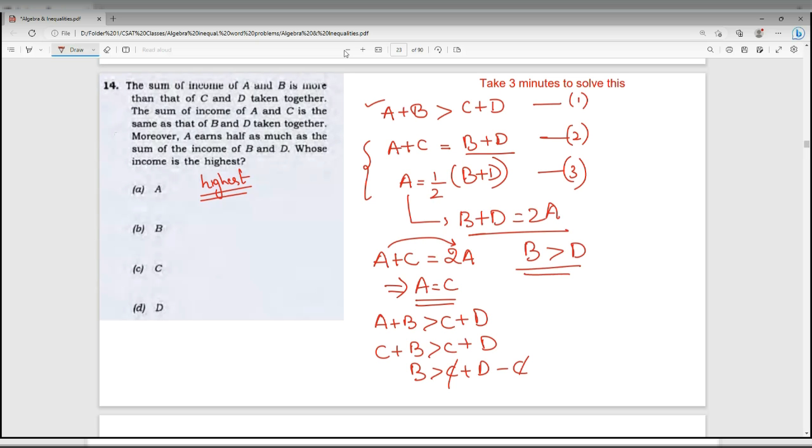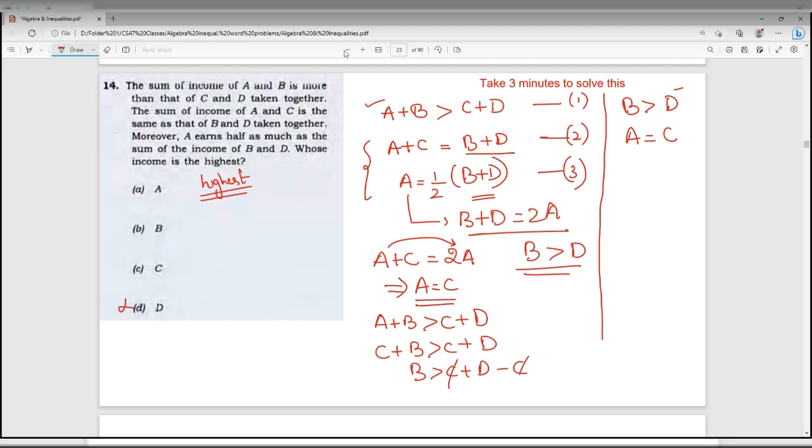So we know two things now: B is greater than D, and A is equal to C. We have A, B, C, D. So we at least know that B is greater than D, so D cannot be the answer.